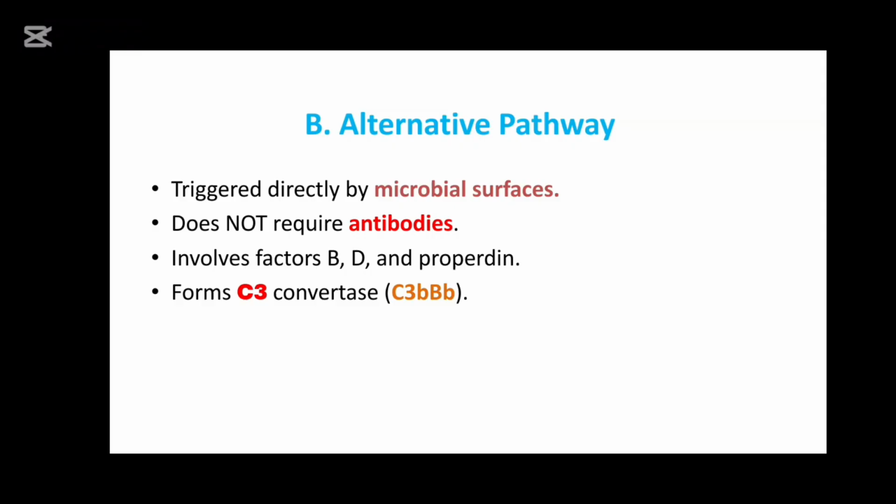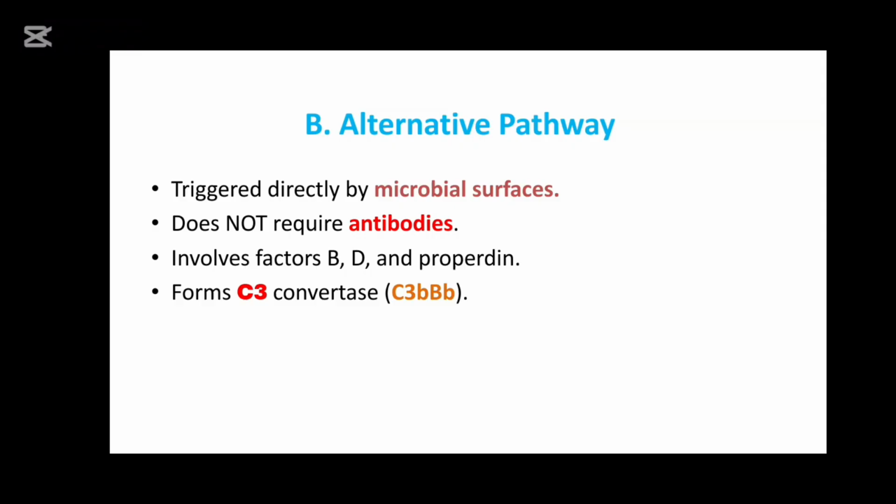Let's look at the alternative pathway. What triggers the alternative pathway? The alternative pathway is triggered by microbial surfaces. So let's get this. This is a microorganism that has come in the body, and it has been bound with the alternative pathway complement.